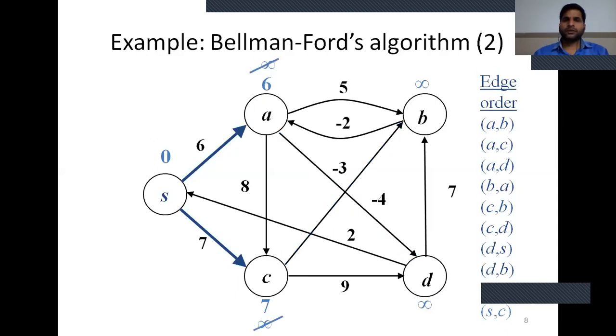So first we select the smallest vertex and minimum path value, A to D. The value of D is replaced by 6 plus minus 4, which equals 2. For the other edge, 6 plus 8 equals 14, therefore not replaced, because relaxation is not allowed according to the property of relaxation.